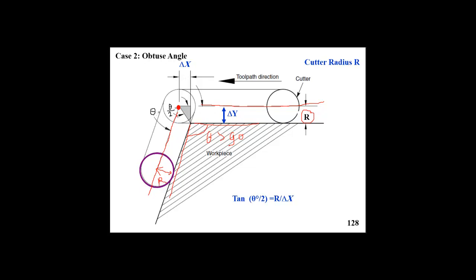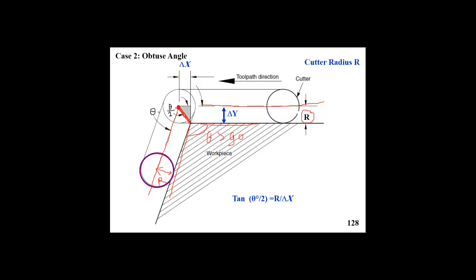So that point, we join it to the edge of the workpiece by a certain straight line. And we use that line as a chord to create a right angle triangle. The other two sides will represent dx and dy.